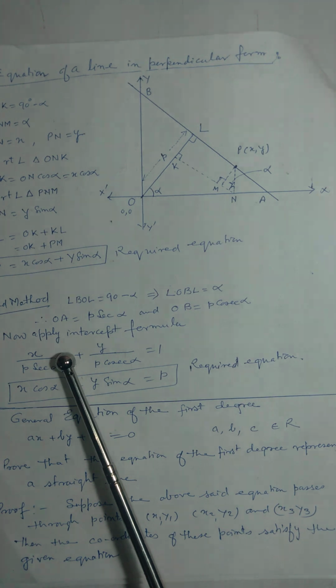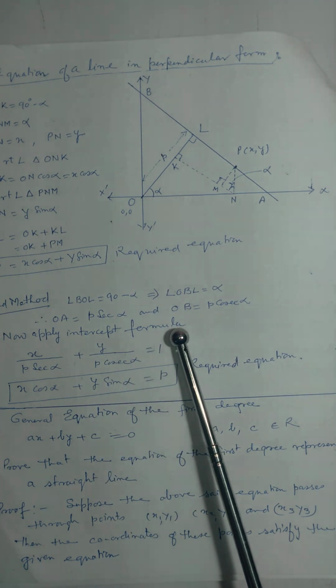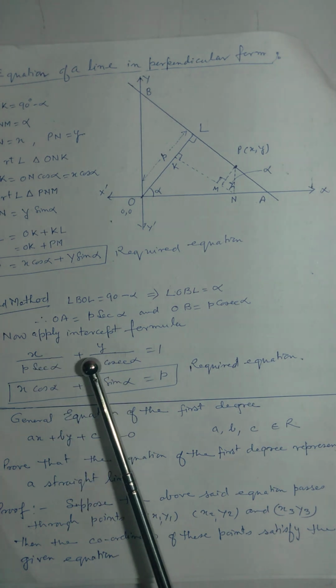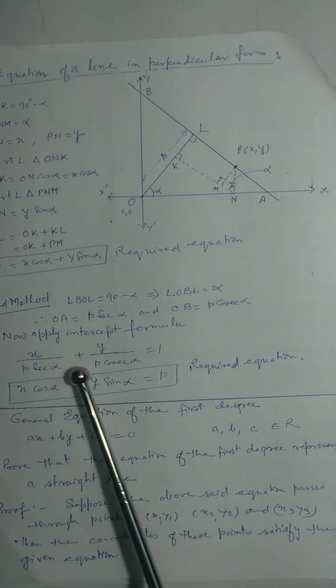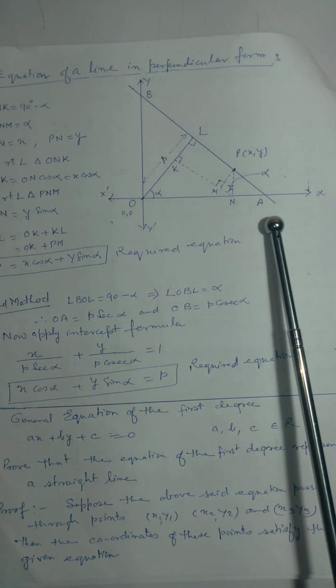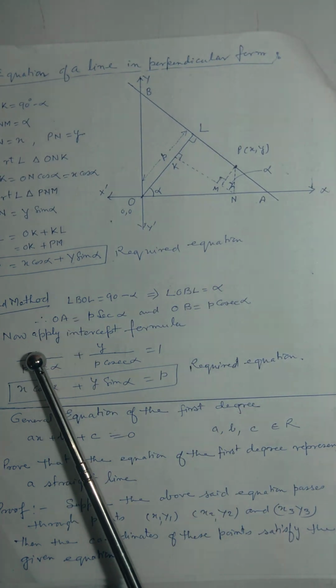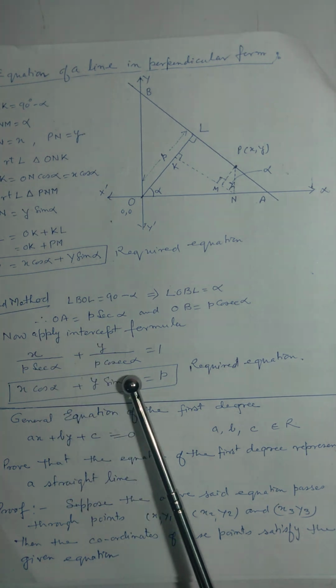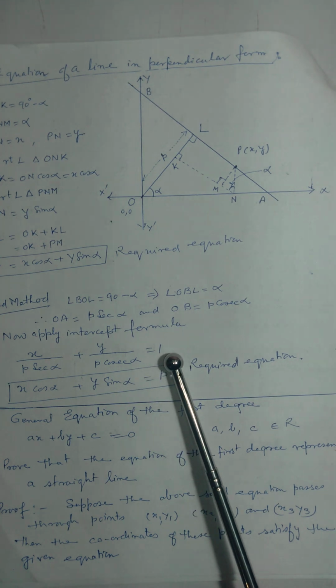Now apply the intercept formula, that is x upon a plus y upon b is equal to 1. Here the intercepts are p sec alpha and p cosec alpha. So x upon p sec alpha plus y upon p cosec alpha is equal to 1.